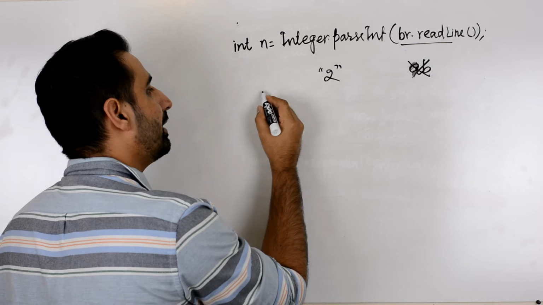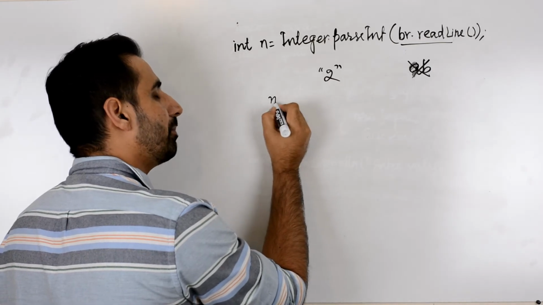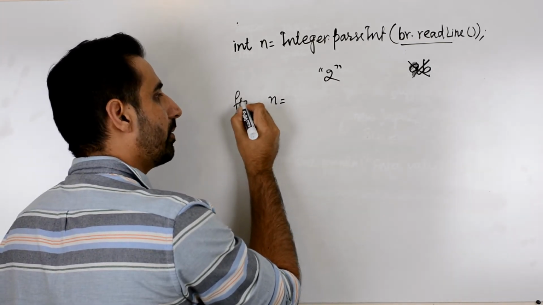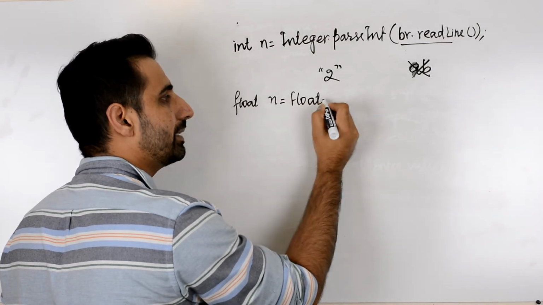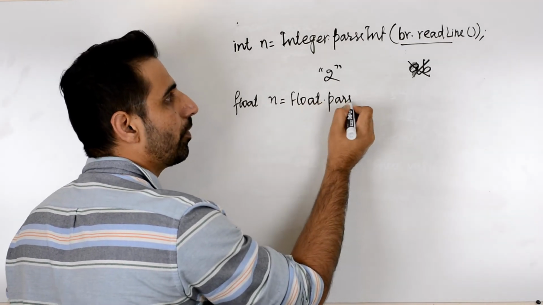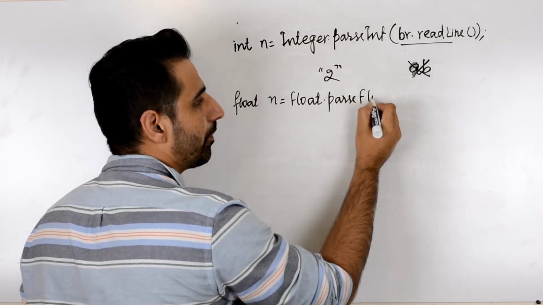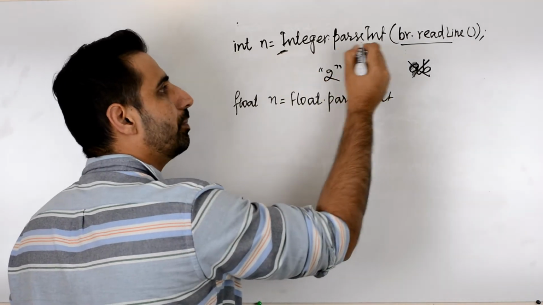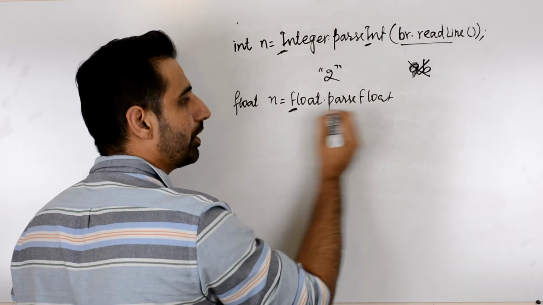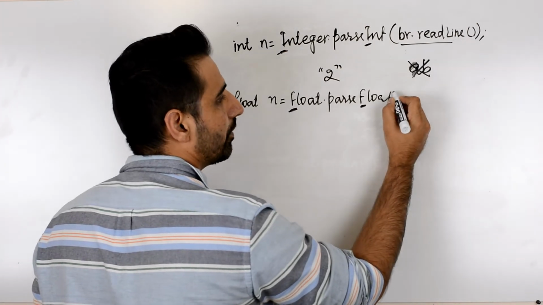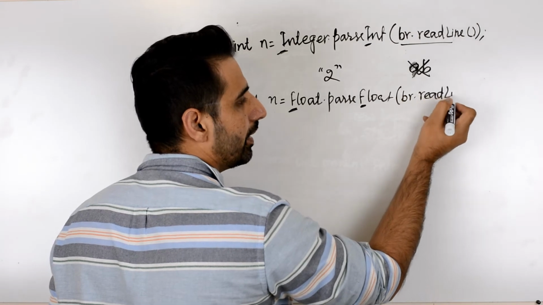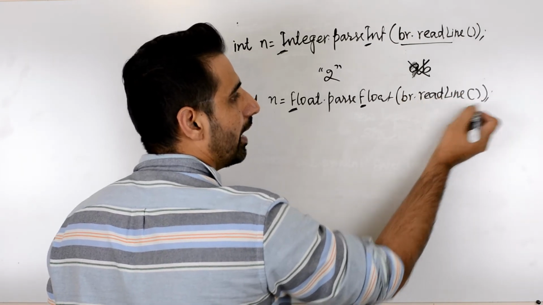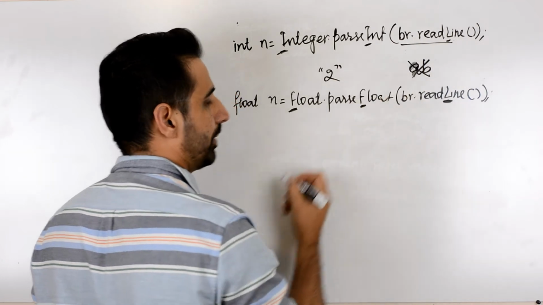If we have to enter a float, so we can write a number. Then we write float n equals, instead of Integer, everything will remain the same, only the change will be Float.parseFloat. Another thing: here the F should be capital, Float.parseFloat(br.readLine()), and this L should be capital.